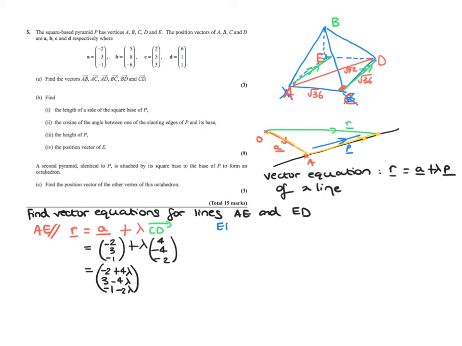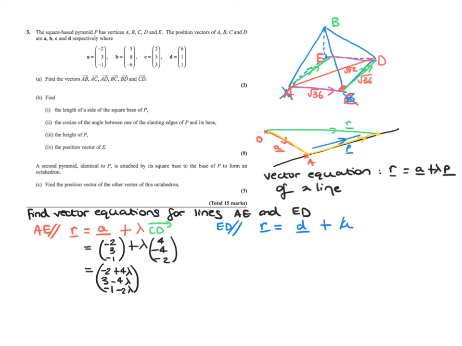So now I want the vector equation of the line ED. So r is equal to, now I need the position vector of a point on that line, so I'm going to use point D. And then I need to use a different constant here because it's a different line. And I need a vector that is parallel to ED. So I'm going to use AC.